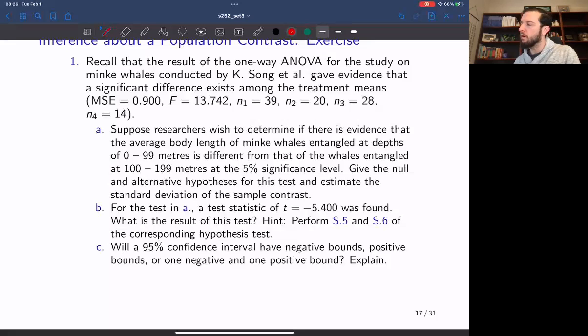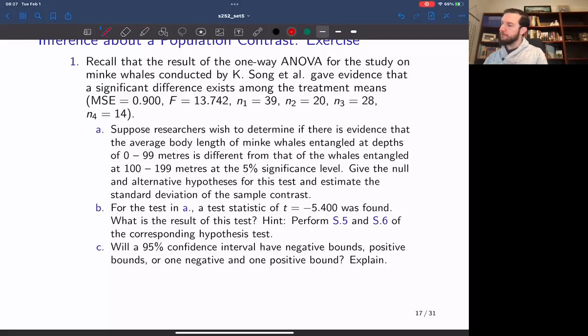I'll work through the first 3 steps of the test, and then in part B, we'll do the next 3 steps. I split these up into different parts to tackle conceptual aspects of the hypothesis testing procedure, but I think it'll be better to just go through the steps of the test directly so that you can see how they would unfold. And then from that, we can talk about the corresponding confidence interval.